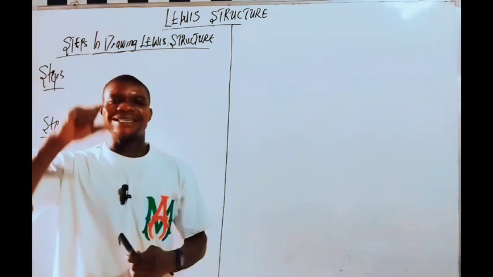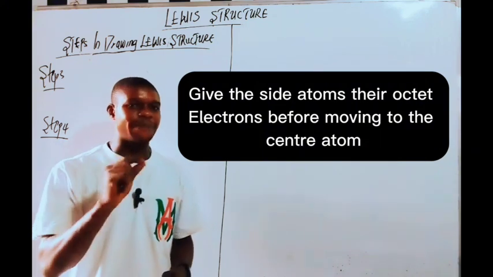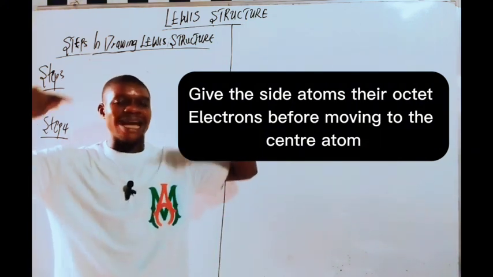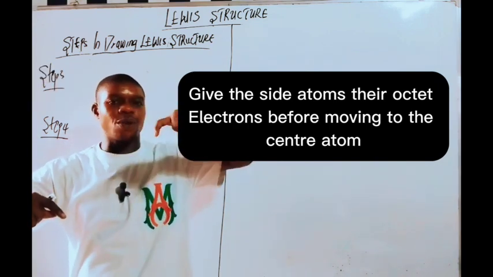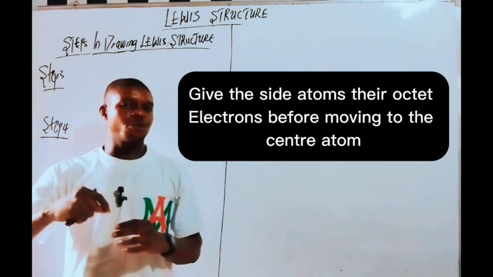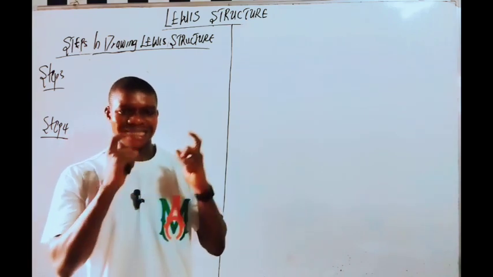Step 3 is to ensure that the side atoms have their octet electrons, by giving them the number of electrons that makes them octets before moving to the center atom.